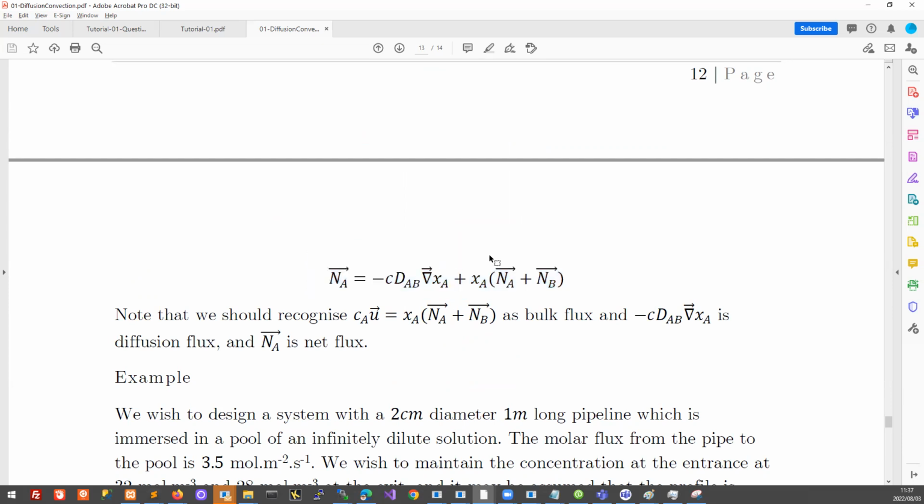So just because our bulk velocity is dependent on all fluxes, we have to solve for A through A itself and the other species. And this is important because it then depends on the nature of the relative motion of all the molecules involved in our mixture. Any questions or comments there?